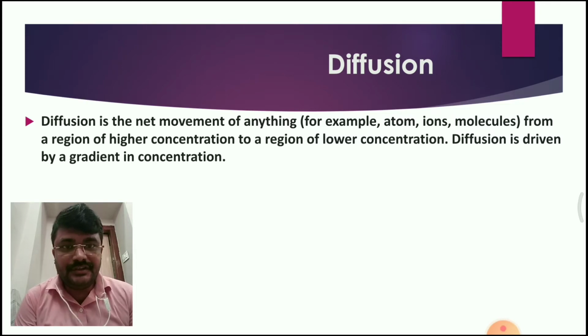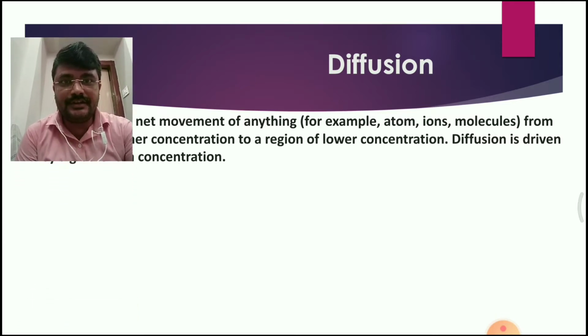Diffusion is driven by a gradient in concentration. Once again, diffusion is the net movement of anything from a region of higher concentration to a region of lower concentration. How does diffusion take place? By a gradient in concentration.